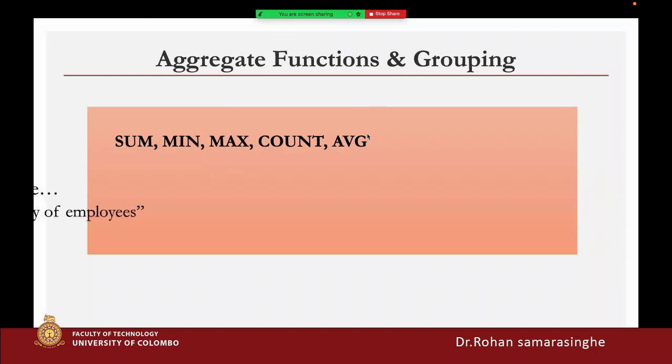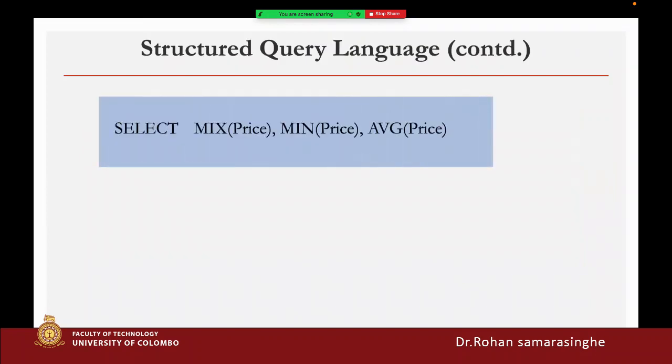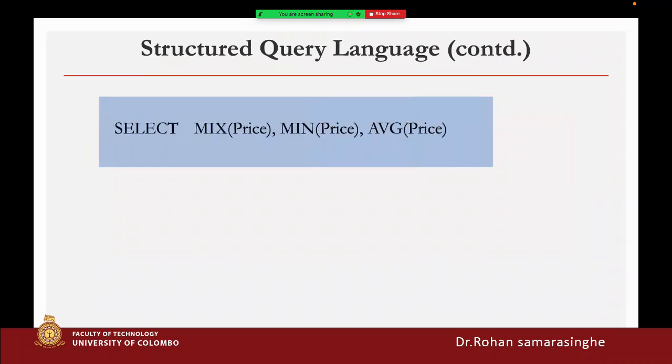And the next one, for example: find the average, minimum and maximum salary of employees. Average salary, minimum salary, maximum salary of the employees. Simple. Select max price, min price and average price from products.